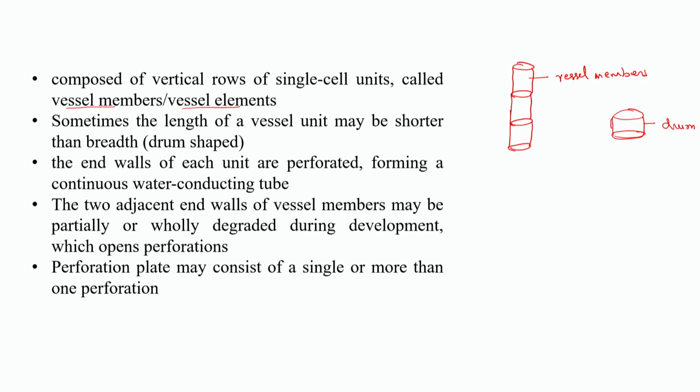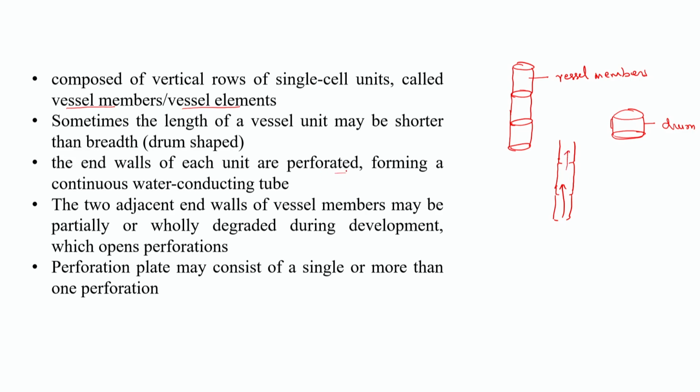Each cell will definitely have a wall, but when they are joining in this way, their end walls get dissolved. So when you observe them, you will see that their end walls are completely degraded and they are forming a continuous channel in which the water can move.